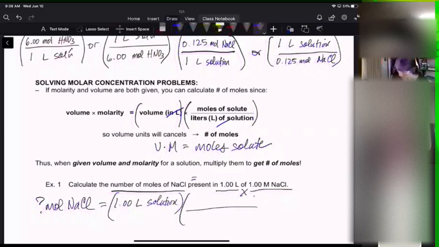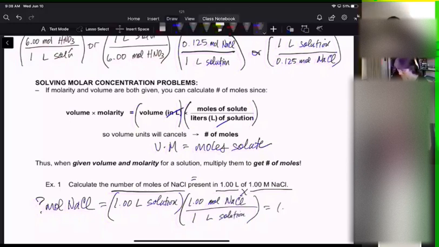And so I'm going to multiply by that molarity. And I'm going to write out the units for it so it's really clear so you can see it. 1 mole of NaCl in 1 liter of solution. 1 mole of NaCl. Math is easy on that one.